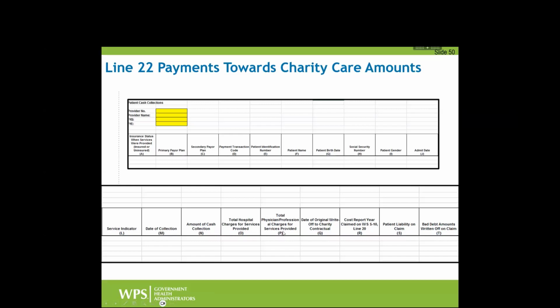The other thing to note here is the inclusion of both hospital charges and physician professional charges. If you have both of those, we would prorate some of that payment against those two sections. So if it was 50% hospital, 50% physician professional, only half of that payment would make it to line 22 anyway. The other half went against something that was never allowable.